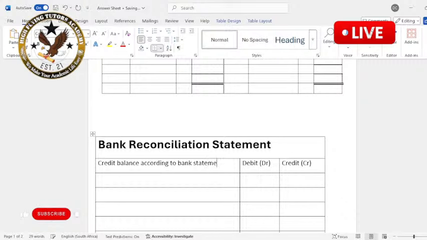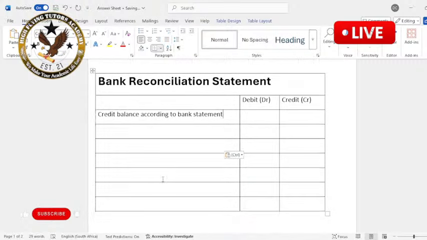So this must actually go on the other line. Credit balance according to bank statements. So now let's go back to the question. How much is it? It's 4,839, right?